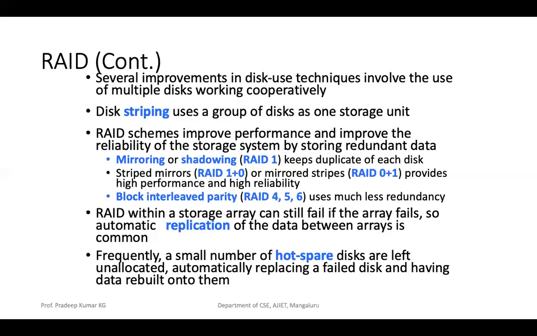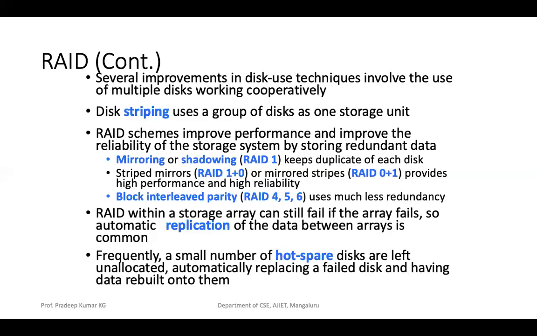Now we have something called hot spare. A small number of hot spare disks are left unallocated. So this hot spare, in the sense, your program is under execution, and in between the execution, some disk fails to load, or some disk fails with its write operation.